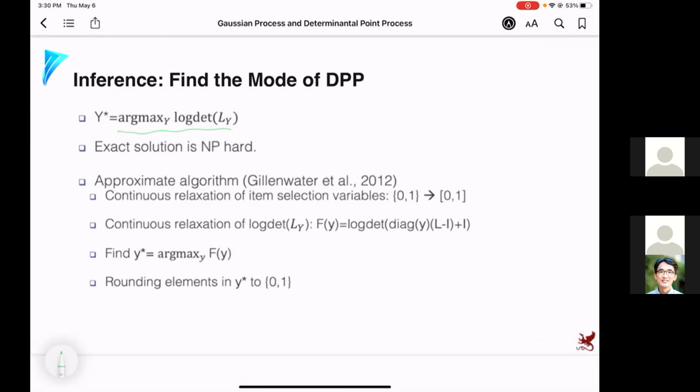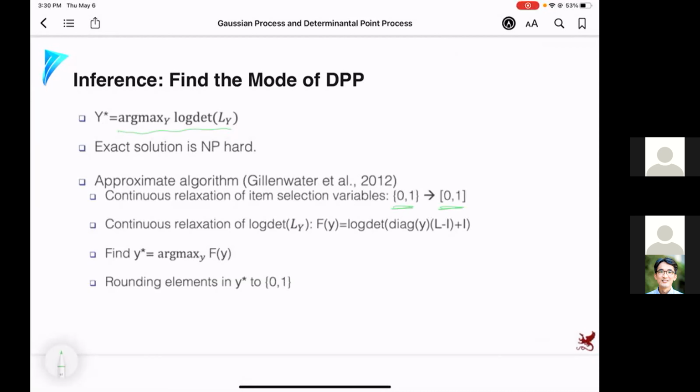So imagine for each item in your whole set, selecting it or not can be a binary variable of 0 or 1. If I don't directly treat it as a binary variable, but I just consider its probability between 0 and 1, I have done a continuous relaxation of my optimization problem.